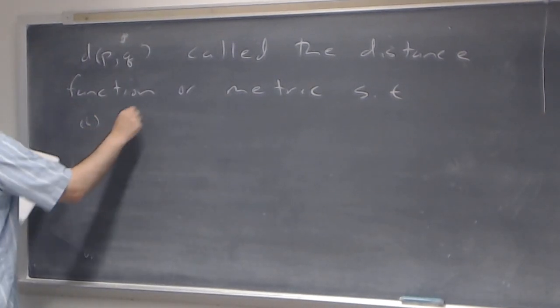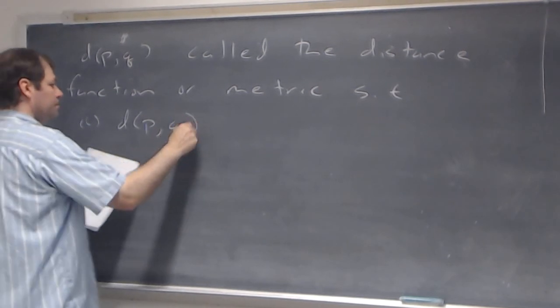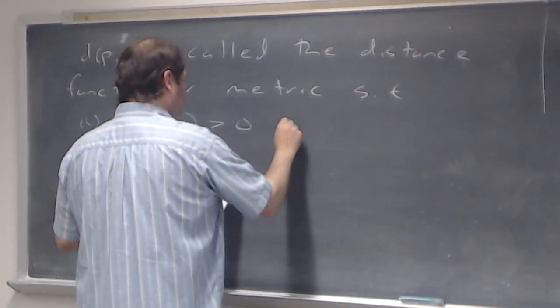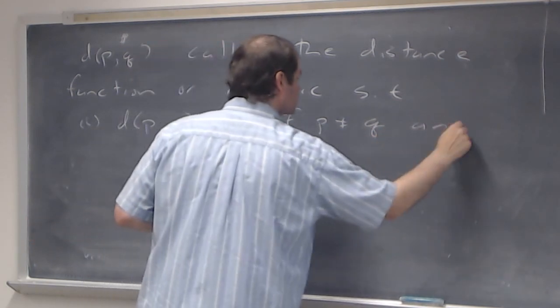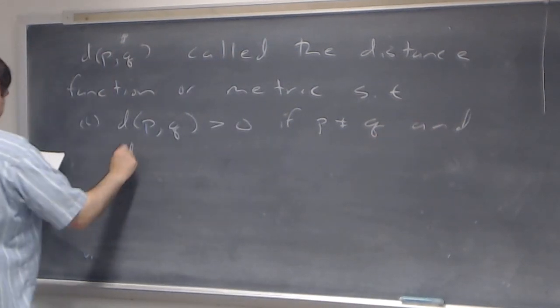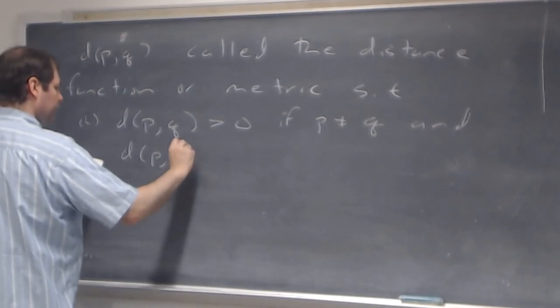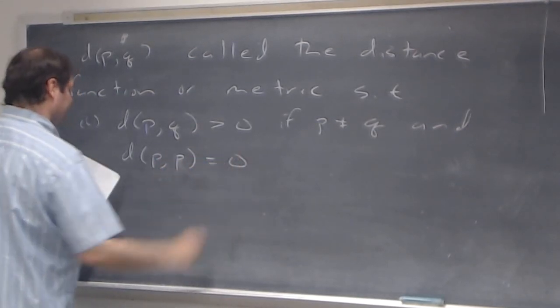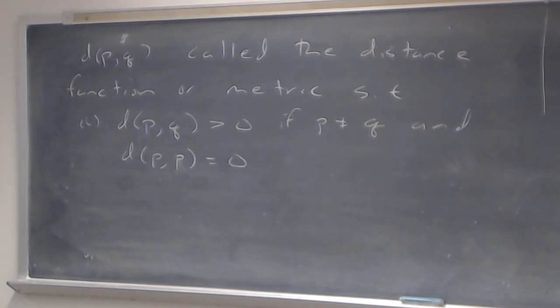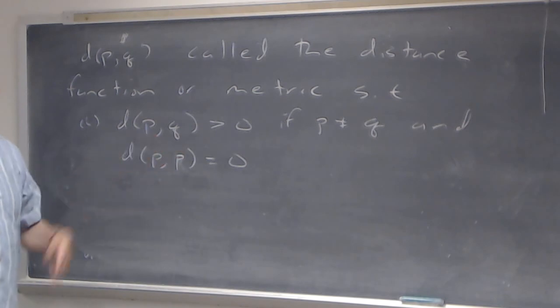such that, here's what this distance function satisfies. One is that the distance between P and Q is greater than 0 if P is not Q, and the distance between P and P is equal to 0. So if the points aren't the same, they're going to have a positive distance. If the points are the same, their distance is going to be 0.